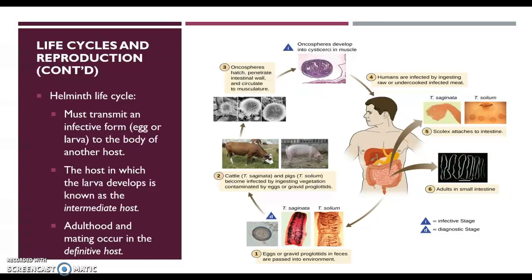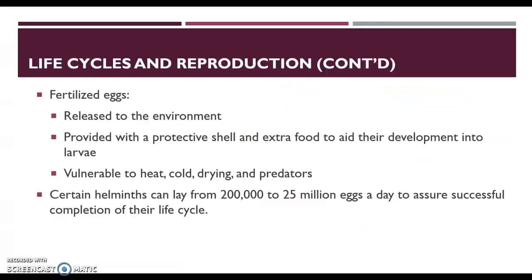And then proglottids or eggs are shed in the feces of the definitive host, and then that process continues. So domestic animals, cattle or pigs, are going to ingest those eggs or proglottids, depending on which it is, and then that process continues.